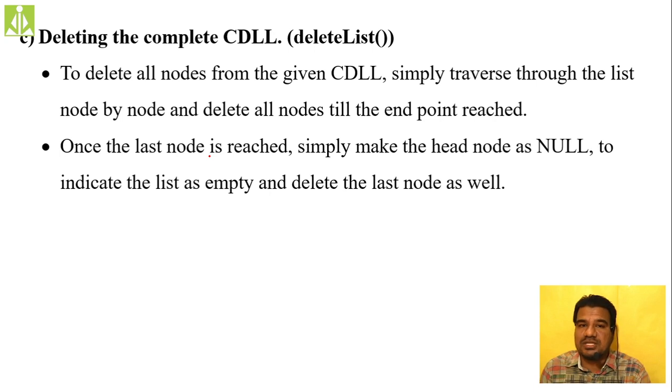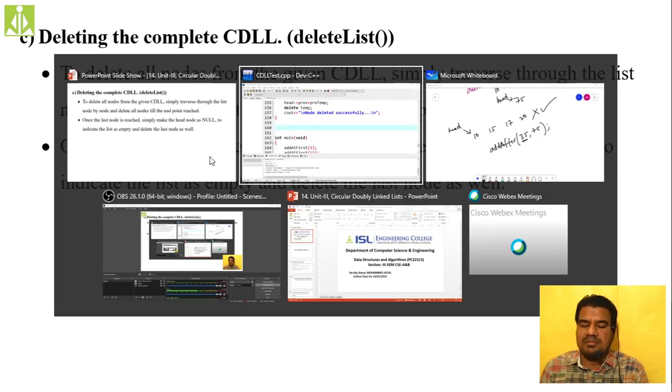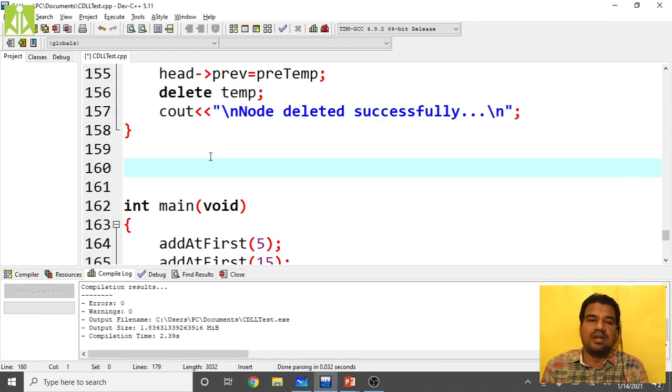When the head node reaches the last node, we make the head node null and we delete that last node. When the head node becomes null, it indicates that your doubly linked list is empty. Simple logic behind it, nothing more.